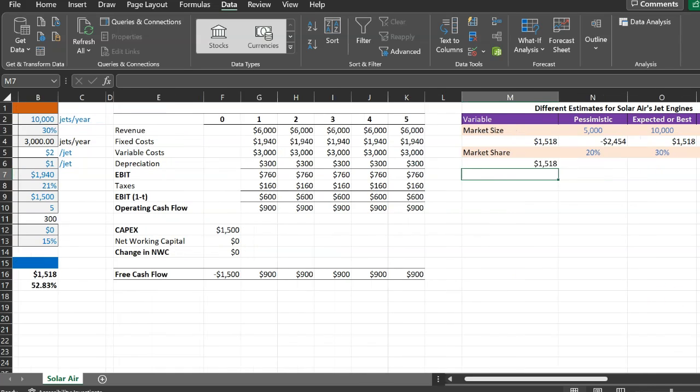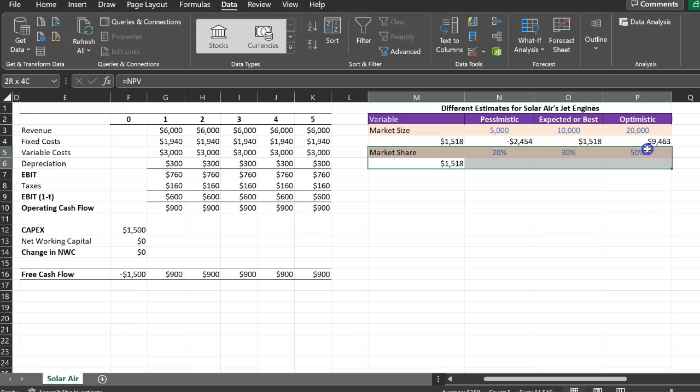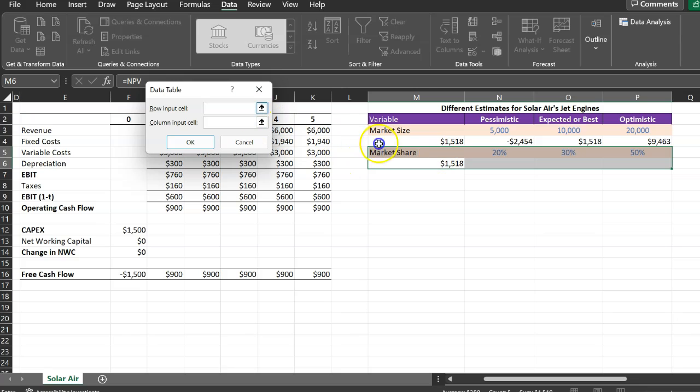Once I do this, this is how you need to proceed. You need to click where you just copied the NPV formula and go all the way from here till the end of this section. Then again, you go Data, What-If Analysis, Data Table. Now, in your row, you have different values of market share.